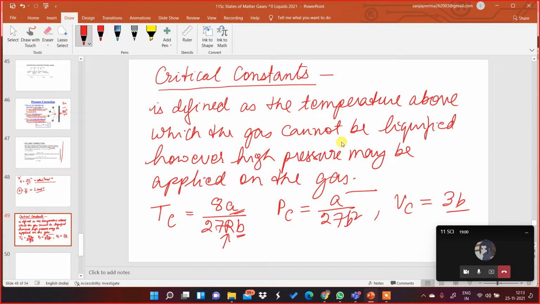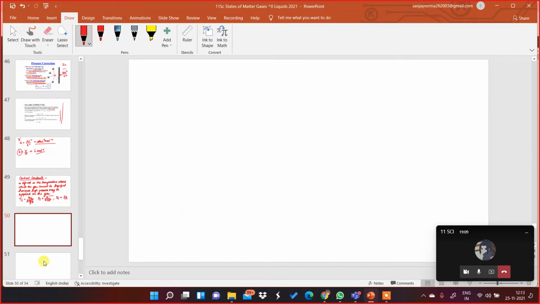Now, the definition you must remember. Then we move to the next heading, which is called Boyle's temperature. Now, what is Boyle's temperature? Let me tell you.